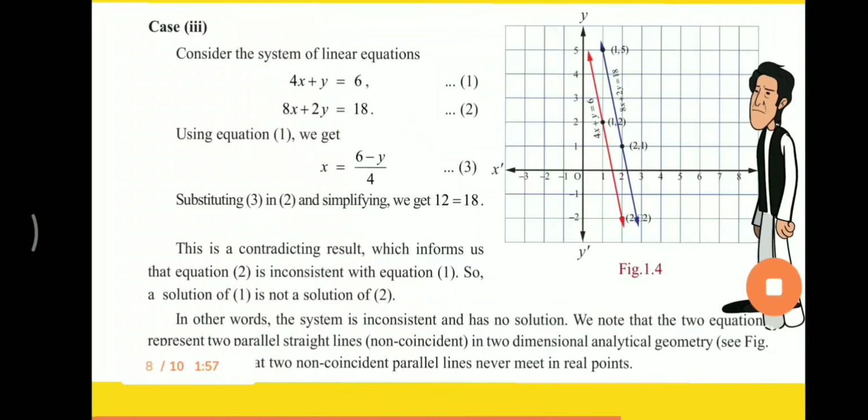So a solution of 1 is not a solution of 2. In other words, the system is inconsistent and has no solution. Look at the graphs. The given two equations represent two parallel straight lines.